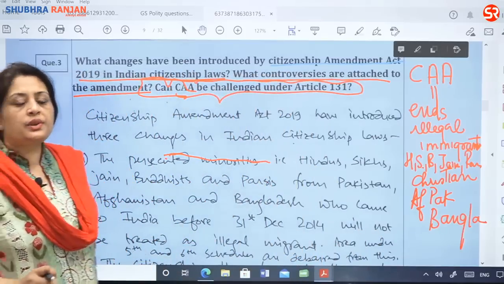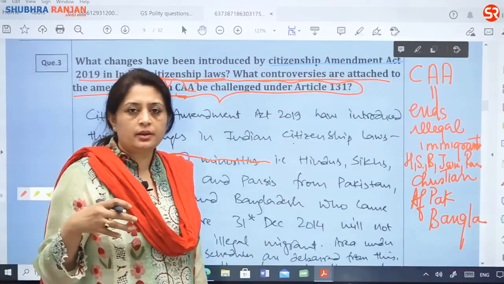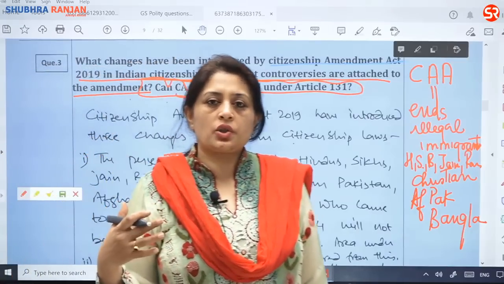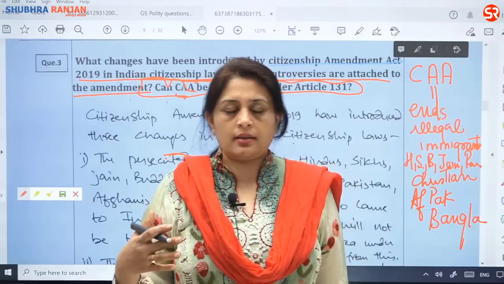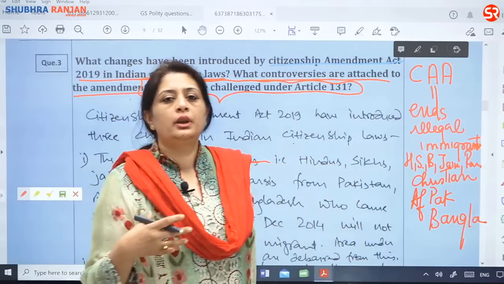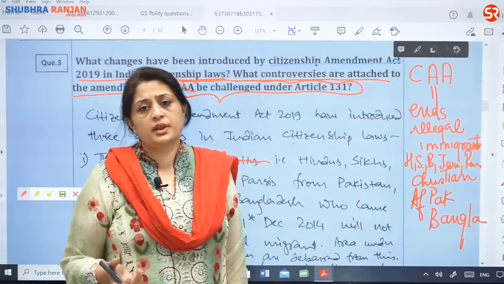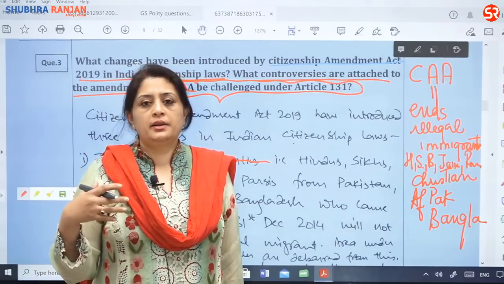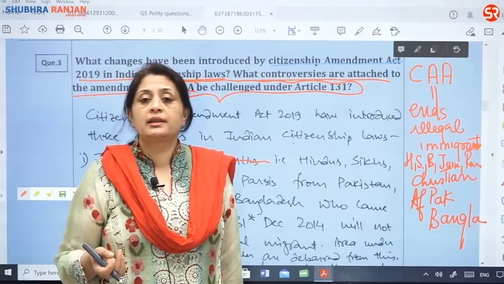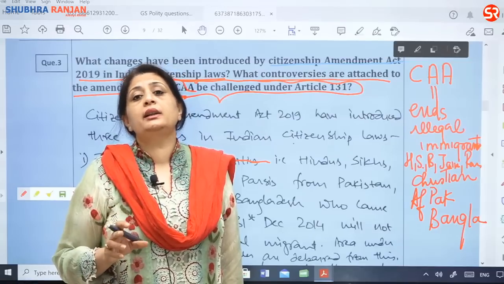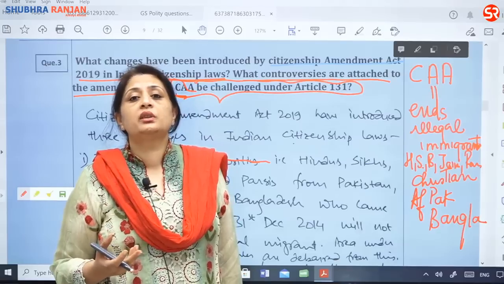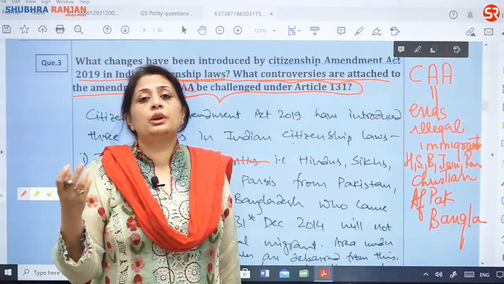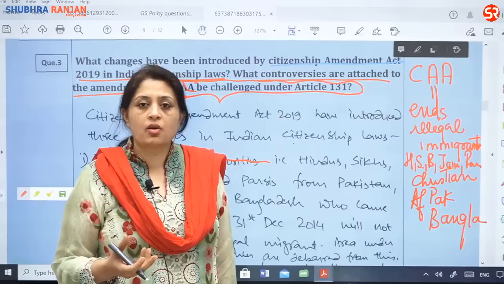And it reduces the time period within which they will be getting the citizenship. So it is the route for citizenship, and they will not be treated as illegal immigrants. If they are treated as illegal immigrants, as per the 2003 law, one is an illegal immigrant who does not possess a valid document.